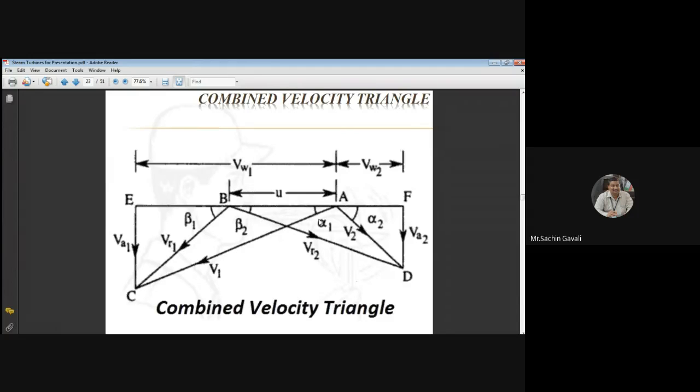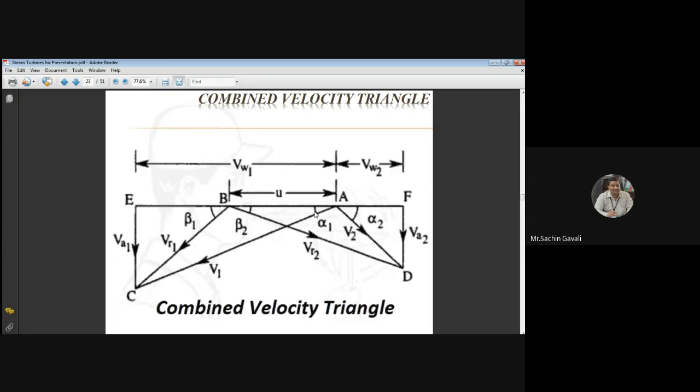If U is 400 meter per second and V1 is 1200 meter per second, and if I consider the scale 1 centimeter is equal to 100 meter per second, then U will be 4 centimeter, and V1 is 1200 meter per second, which means 12 centimeter. So this AC we have to draw.